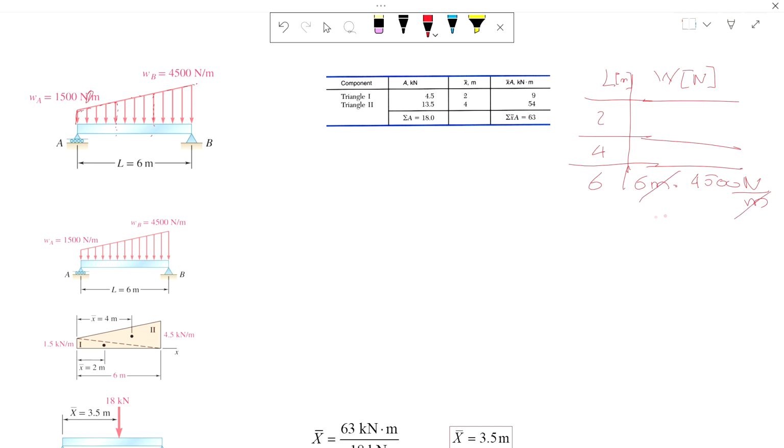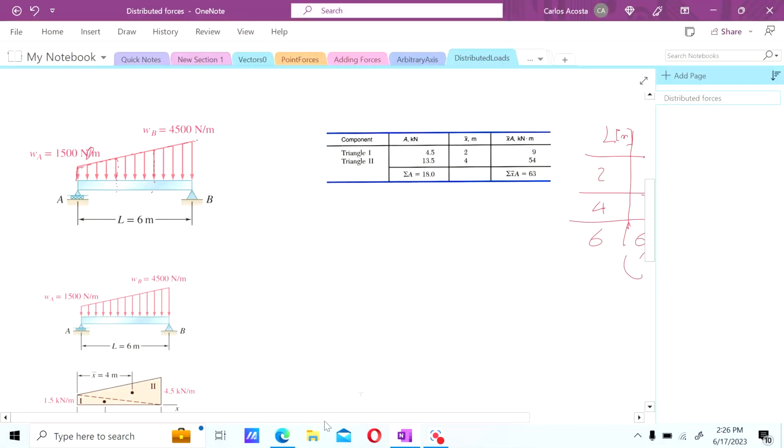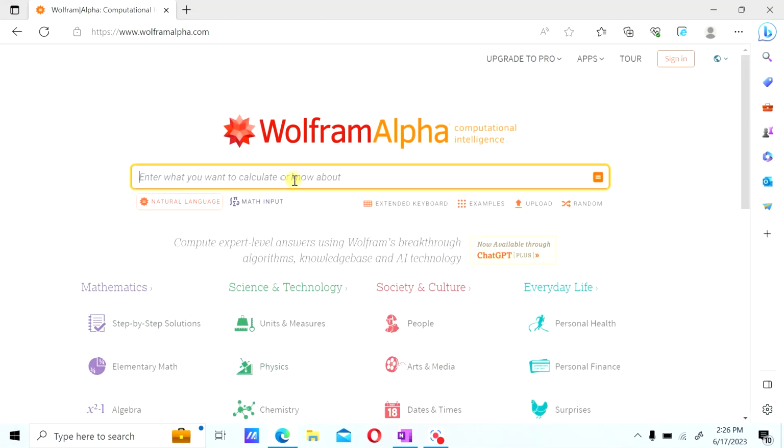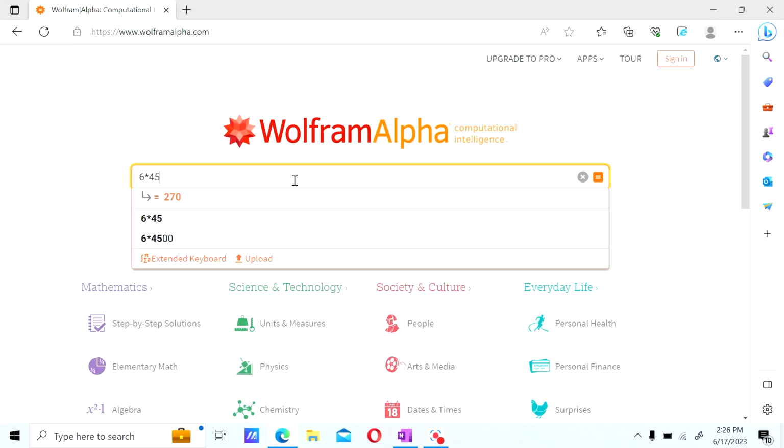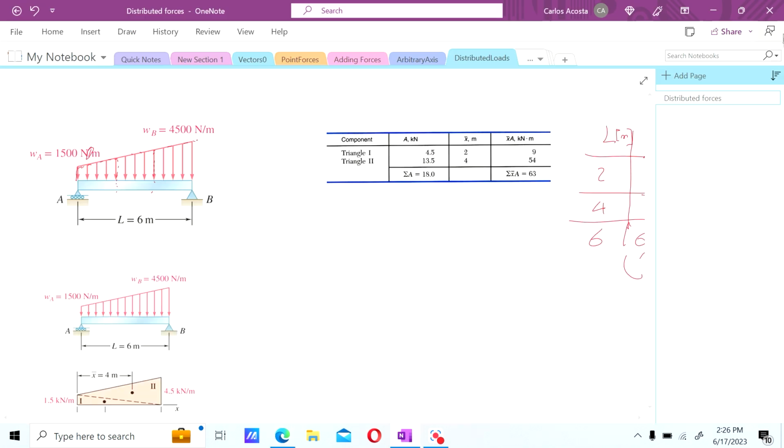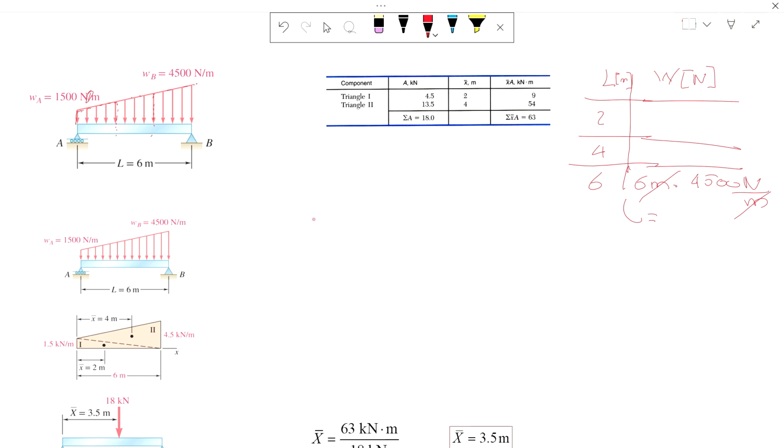Okay, so this answer is going to give us newtons, but the solution is 6 times 45, which is 270. So this force right here is 270 newtons.